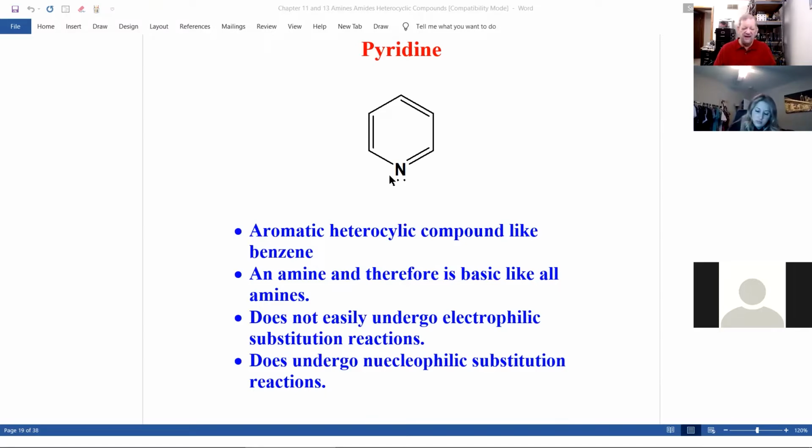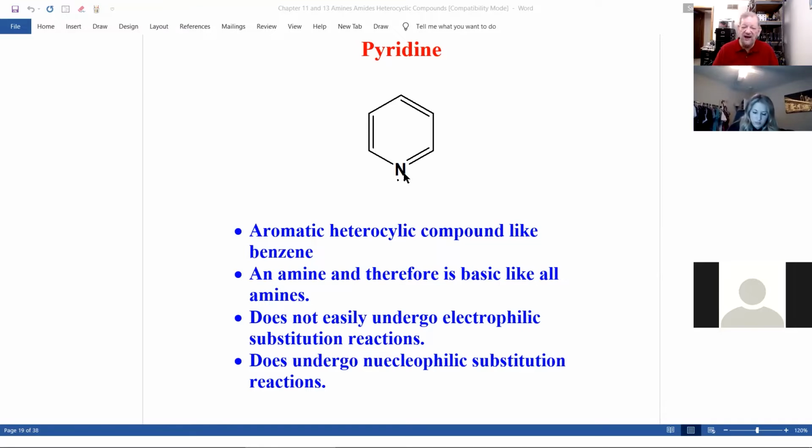And it's aromatic, but it doesn't easily undergo electrophilic substitution reactions like benzene, but it is an amine. And it will undergo nucleophilic substitution, reacting with an alkyl halide. And in fact, remember my mouthwash? The quaternary ammonium salt, made from pyridine, a tertiary amine, is what keeps my gums nice and healthy.